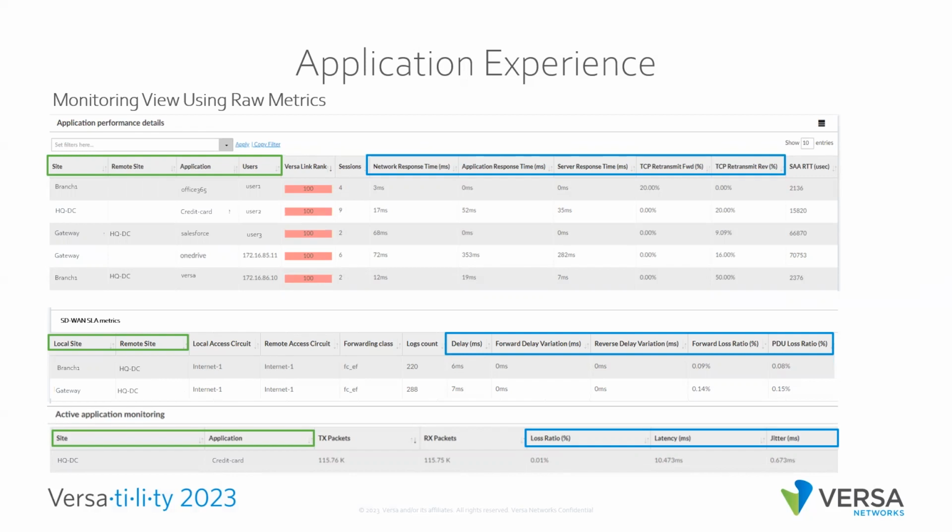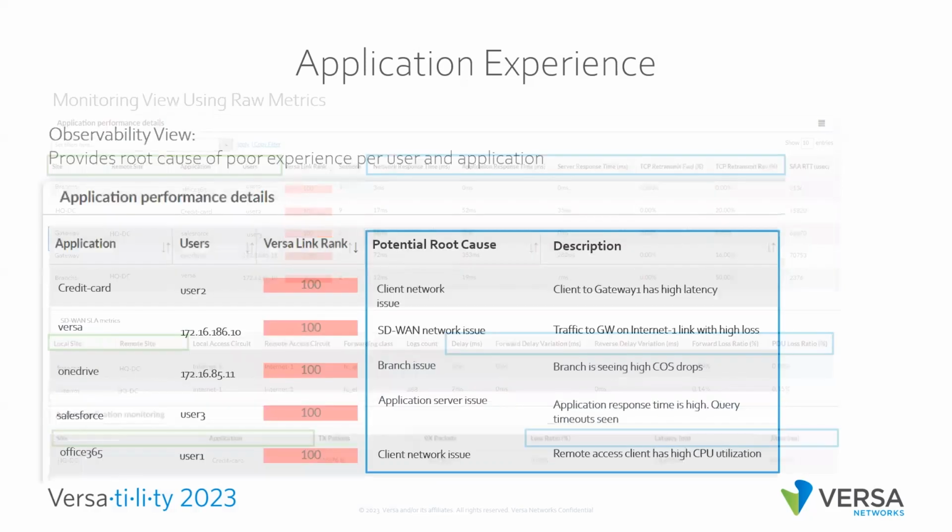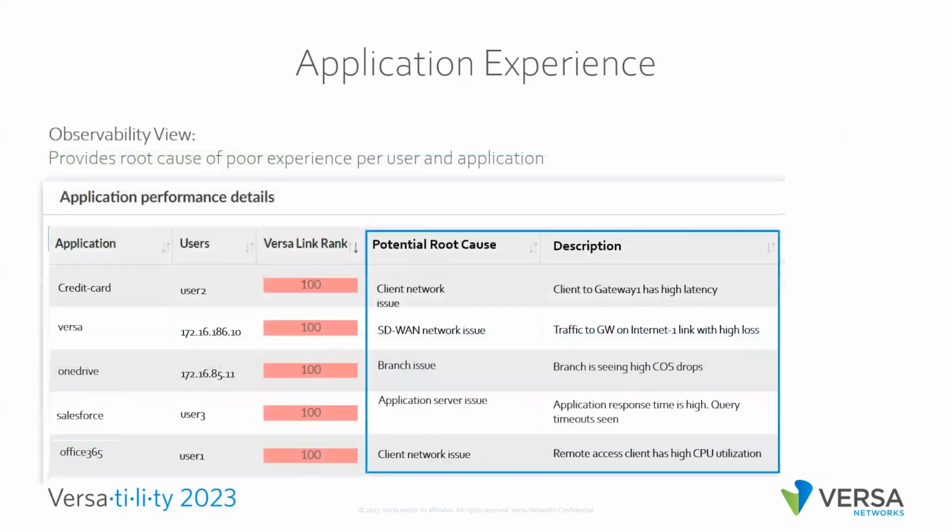Now, all these metrics can be correlated or connected, and we can get a high level root cause of the various issues. So in this example, per application, per user, the root cause is categorized as either a client issue, an SD-WAN issue, a branch issue, or an application server issue.